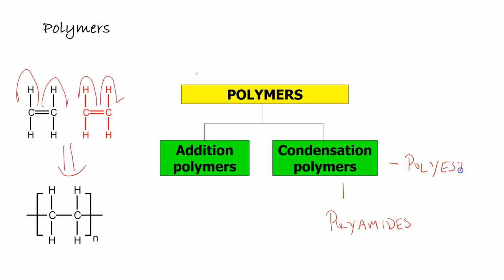The common thing in both of these reactions is that when we form the polymer, we also form a byproduct, or a small molecule, often water, or sometimes we can also form hydrochloric acid if we make it with an acyl chloride. Generally though, we tend to see the formation of water. We're going to go and look at polyesters and polyamides now.